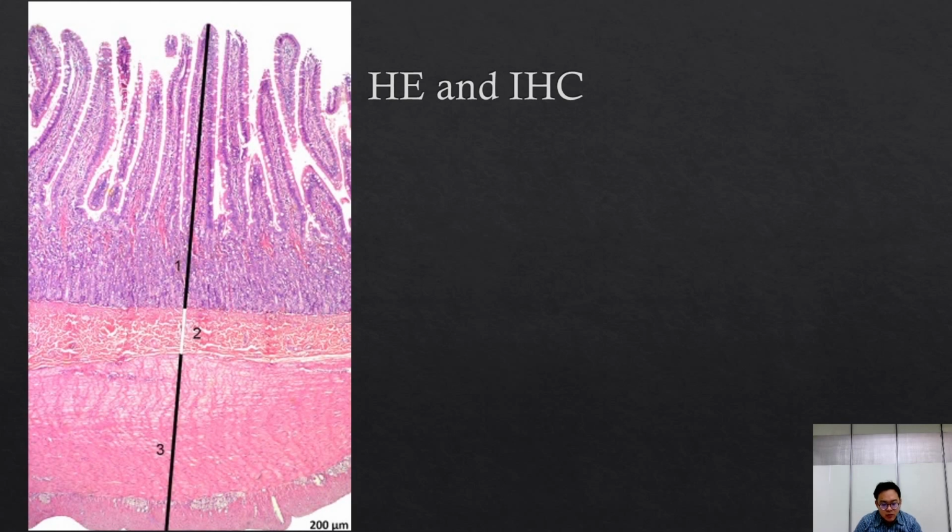This is an example of normal small intestine. You have multiple layers of muscle on the outer wall, and these beautiful long finger-like villi participate in absorbing all the nutrients in the intestine.